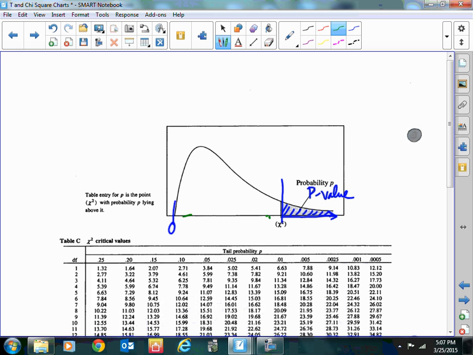So the smaller chi-squared, the closer you are to expected. And your p-value is the probability of getting this sample or something more extreme. Extreme on a chi-squared curve is only to the right, since it is only a one-sided curve.